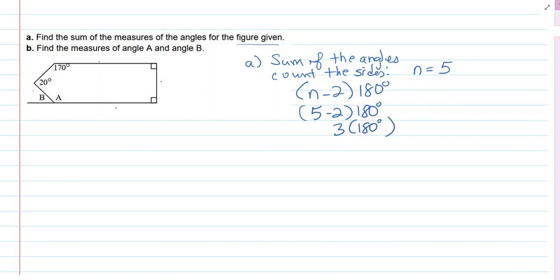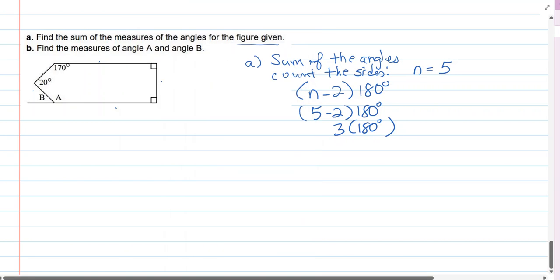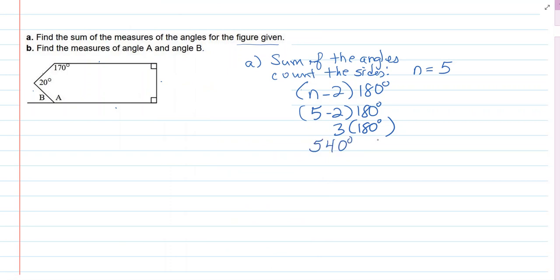So here we go. And let me get my calculator. 3 times the 180, and I get 540. All right. The total is 540 degrees, the sum of all angles in the pentagon.